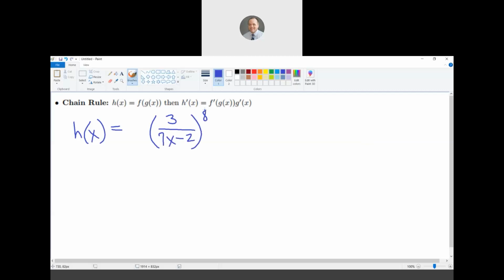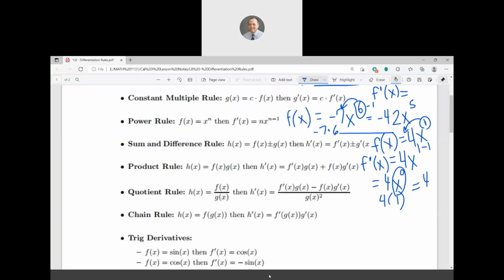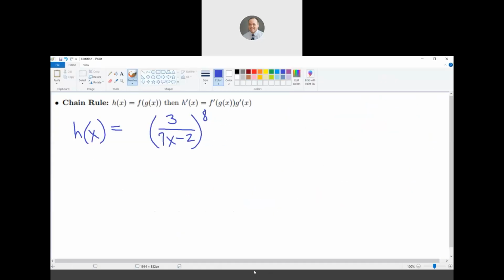We need to find the first derivative. Because we have a fraction, we need the quotient rule also. So let me copy and bring that over, in conjunction with both the chain and power rules.